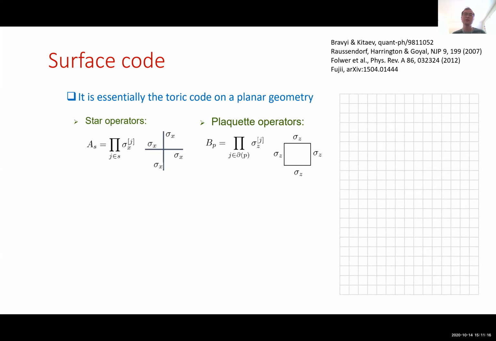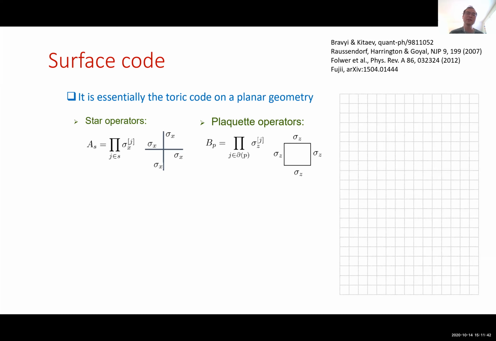And surface code is an artificial topological code, but it can be easily implemented, or at least easier than finding the Ising anyon. So that's why this surface code so far is the one that's highly studied.